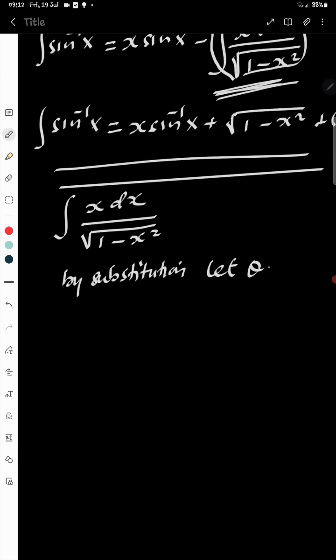Let theta is equal to 1 minus x squared.